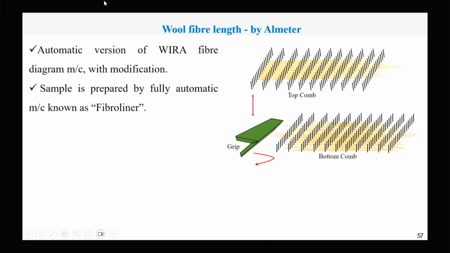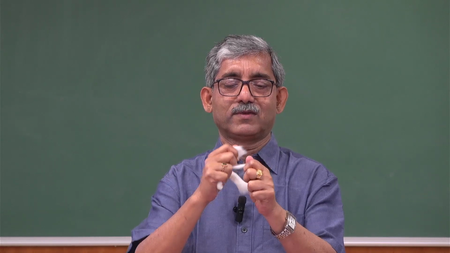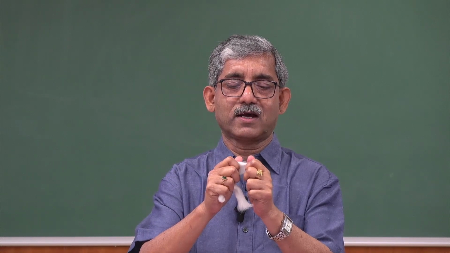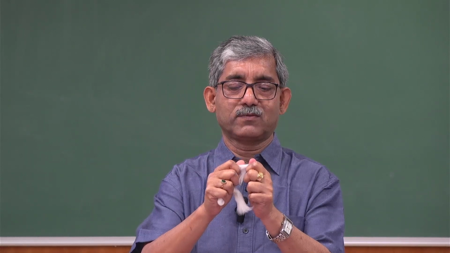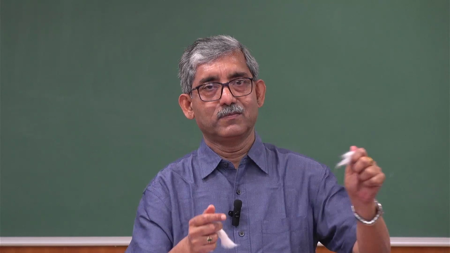In its first part, as I told, we have to make the fiber fringe where the end points of each of the fibers are gripped. Only end points are gripped. And then we are scanning it.